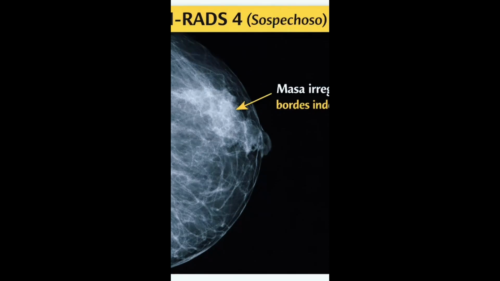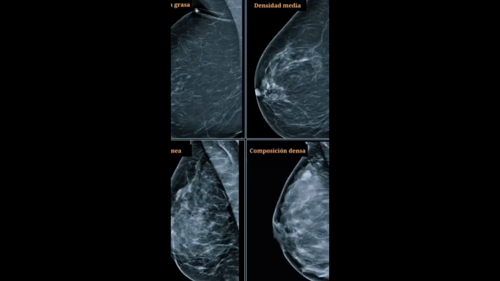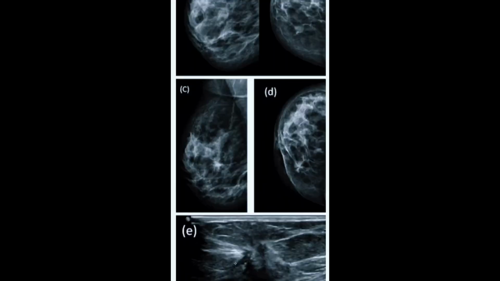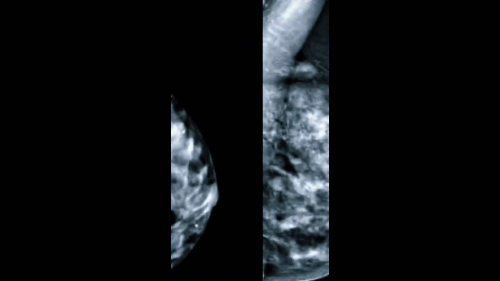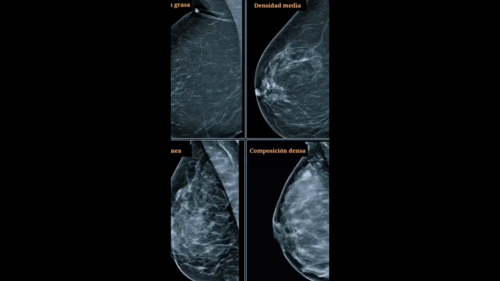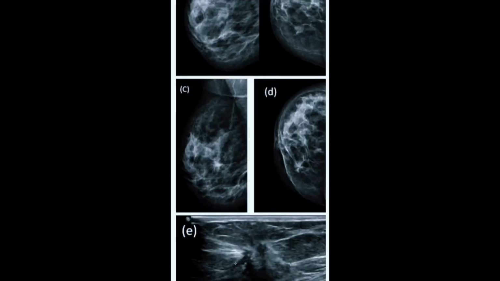It is not typical of cancer, but neither is it benign. It requires confirmation. 4C, a lesion with irregular microlobulated borders, not fully spiculated. High suspicion, very close to malignancy. Management: biopsy in all cases, either core needle biopsy, ultrasound-guided or stereotactic biopsy.